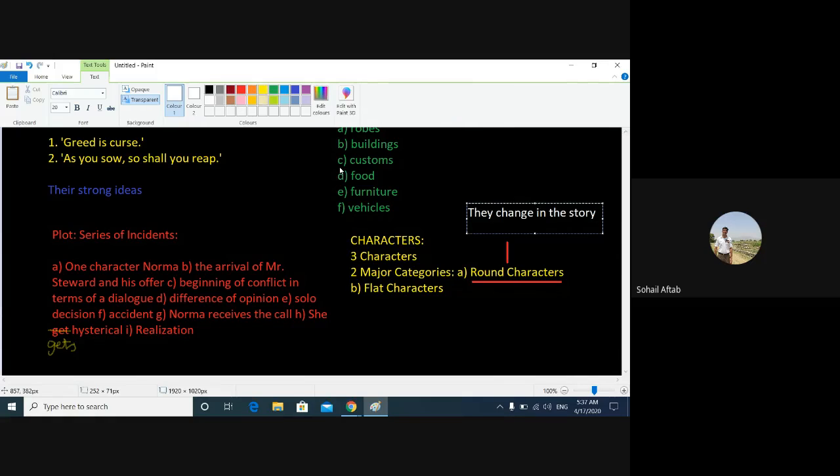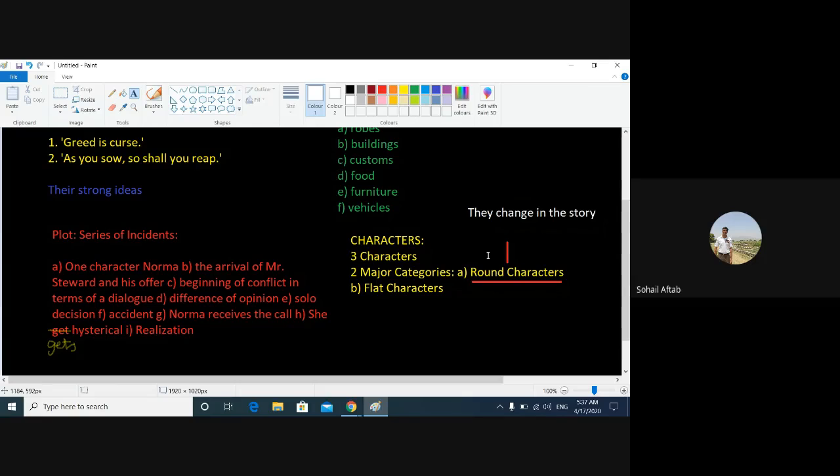And mostly the change is a positive change. When you call it change, it is positive. And the other characters we have are flat characters.